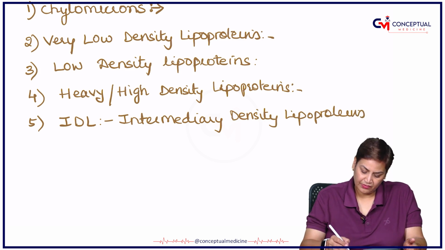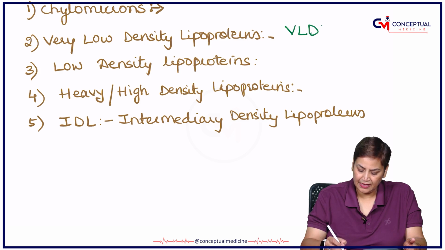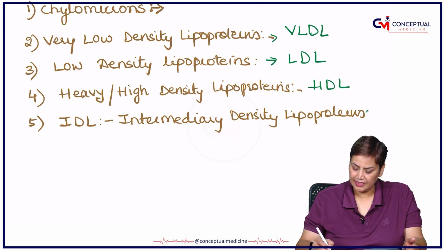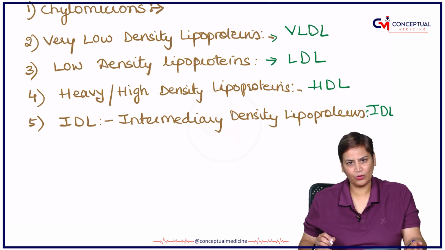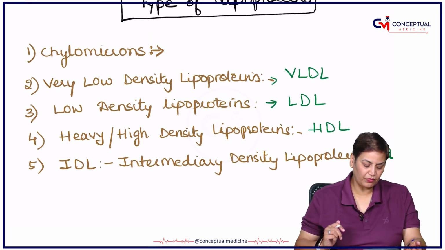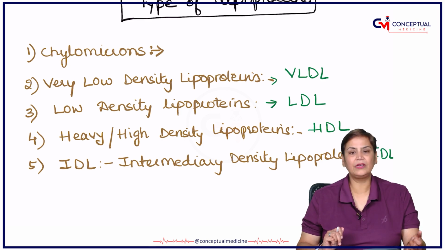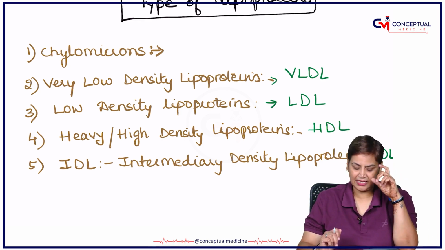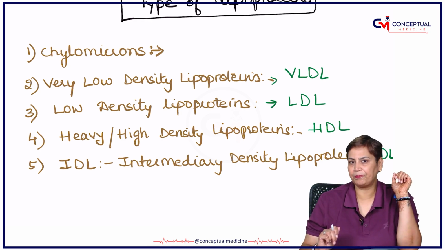So this is known as VLDL, LDL, HDL and IDL. And chylomicrons are known as chylomicrons itself. So there are basically 4 to 5 classes or types of lipoproteins. Now the question is, why have we segregated them?